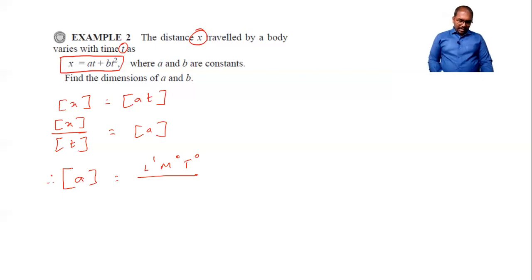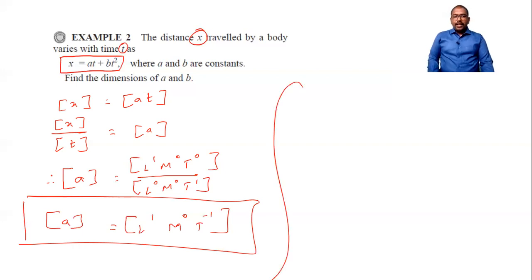And the dimension of time is T raised to 1. After solving this, we get the dimension of quantity A: L raised to 1, M raised to 0, and T raised to minus 1. This is the dimension of term A, and this is the answer.